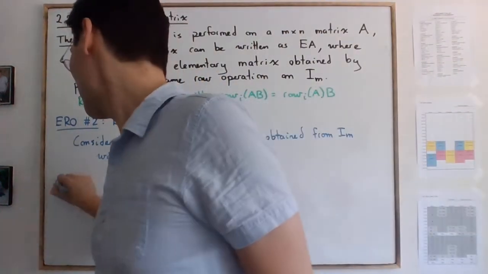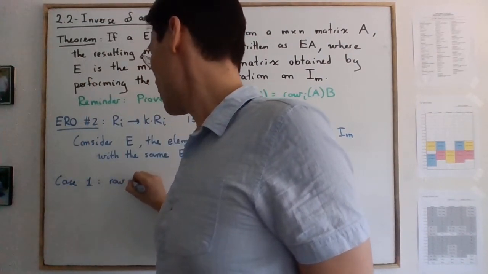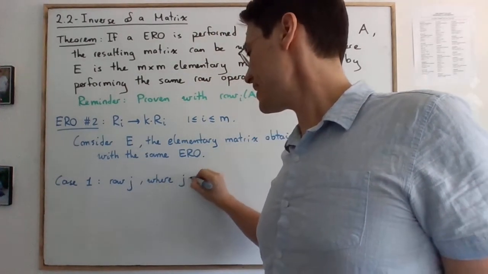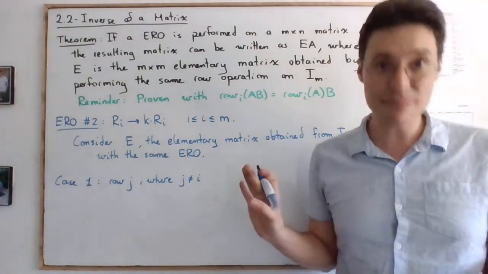We have here only two cases. Case number one, we consider row j where j is not equal to i. In other words, we're talking about a row that hasn't been scaled.